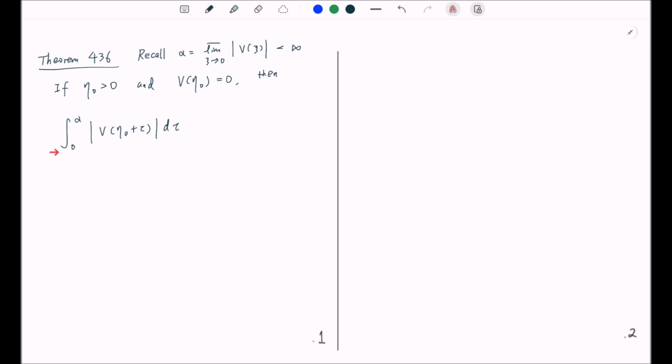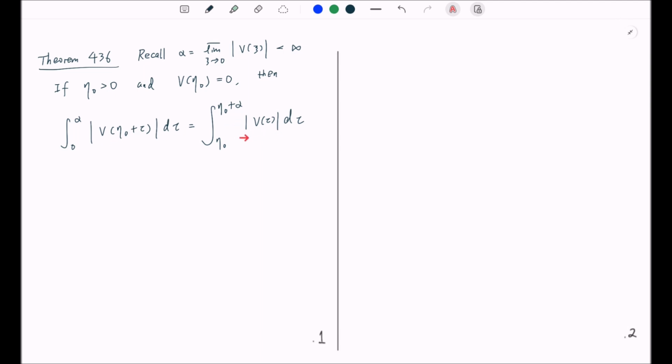And by translation, this integral is equal to the integral from eta naught to eta naught plus alpha of v of tau d tau, absolute value inside.